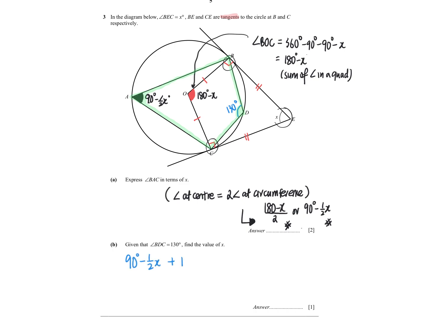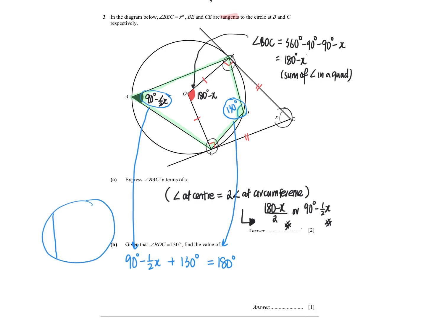If I add it to 130, they should always sum up to 180. Okay, so this angle and this angle. So if I were to repeat, these two angles must always sum up to 180. Okay, so this is angles in opposite segment.